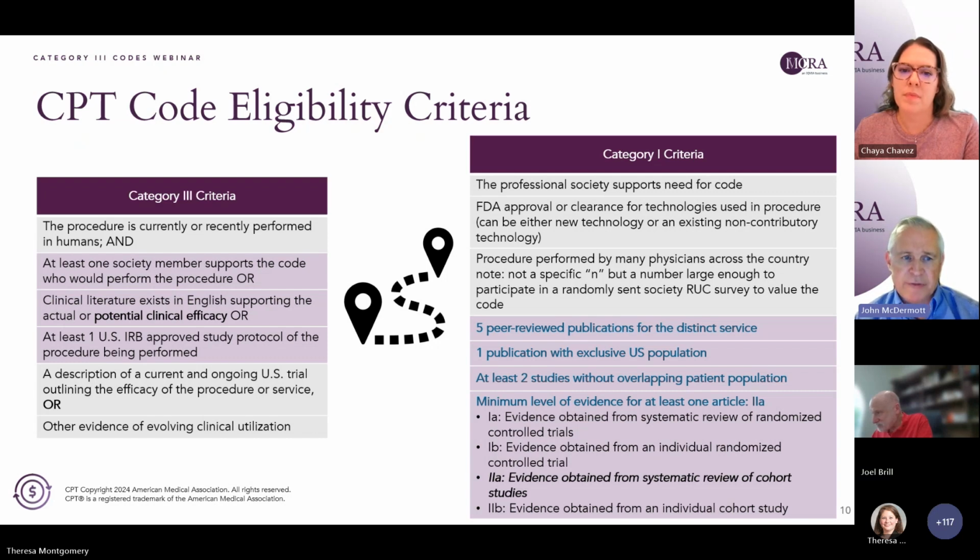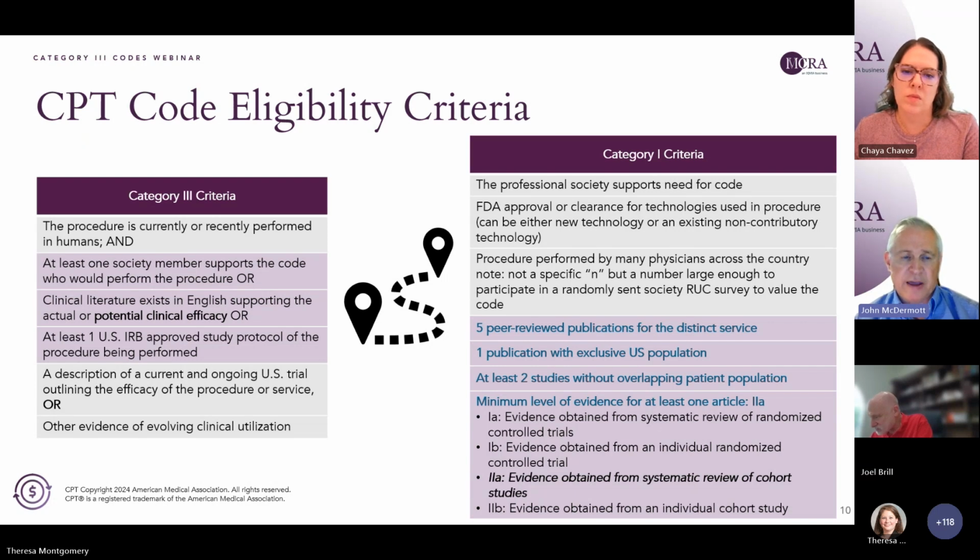And then you need one of the next three criteria here. So you need a society member or clinical literature in English on the actual or the potential clinical efficacy, because they do understand this may be an investigational device at this point. And then, or if you don't have that, then at least an IRB approved clinical study protocol in the US.